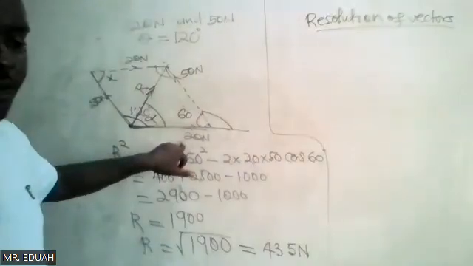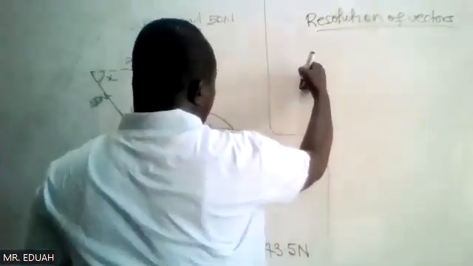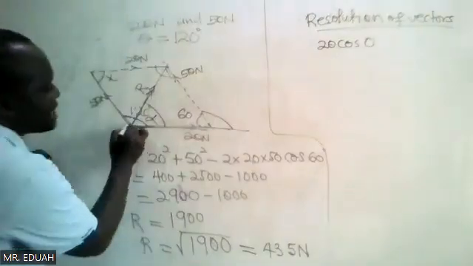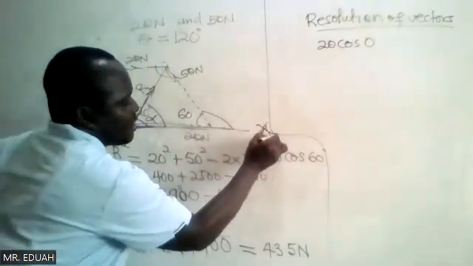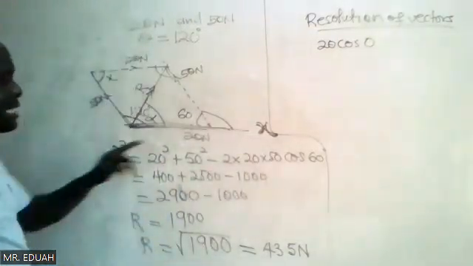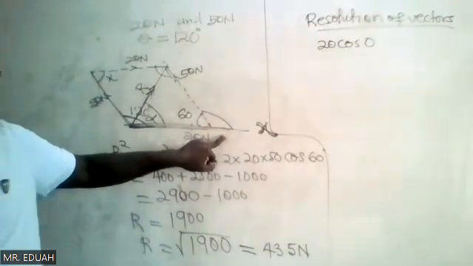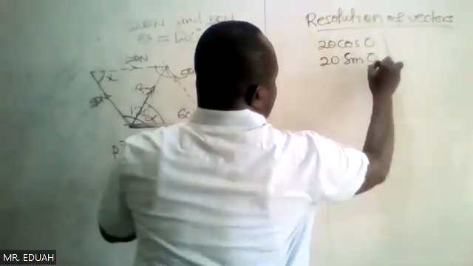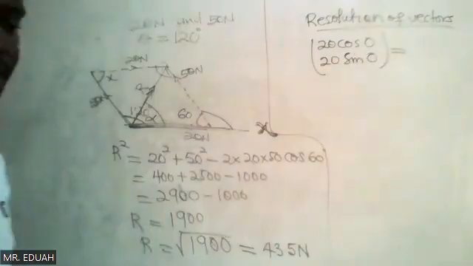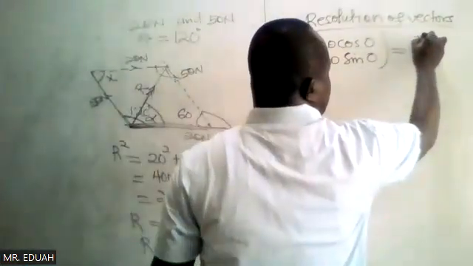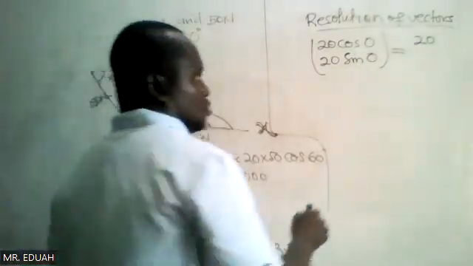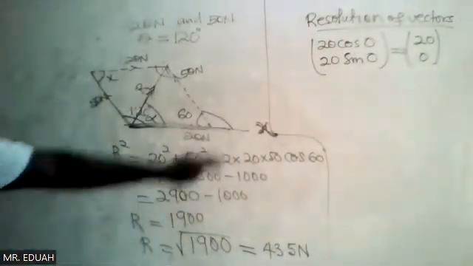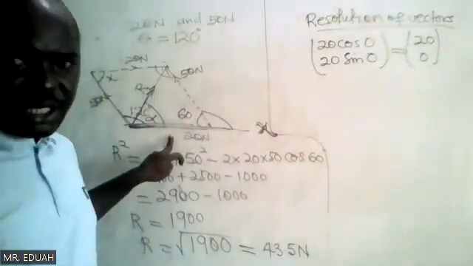So the 20 Newton force is along the X. So in resolving it into components, we have 20 Newton cos of 0 because here it makes an angle of 0 with the X axis. There's the X axis. So 20 cos 0, then 20 sine of 0. And since cos 0 is equal to 1, this is 20, and then sine 0 is equal to 0. So 20 and 0 Newton respectively. So these are the components of the 20 Newton force.